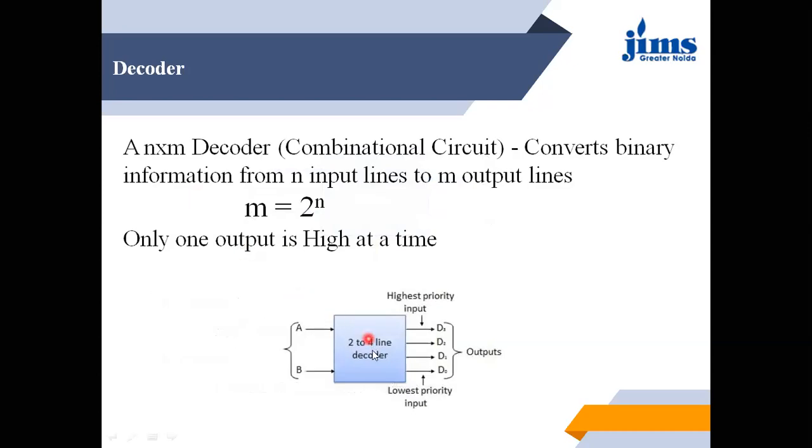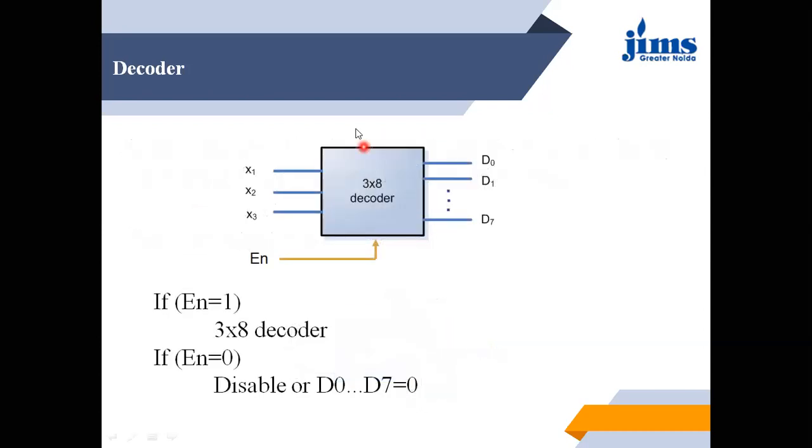Over here we discussed a 2 to 4 line decoder. Here this is a 3 to 8 line decoder, sometimes also written as 3 by 8. It means there are 3 input lines and 8 output lines. I told you that output lines depend on the inputs, so this is 2 raised to the power of the number of input lines, that is 3, which equals 8.